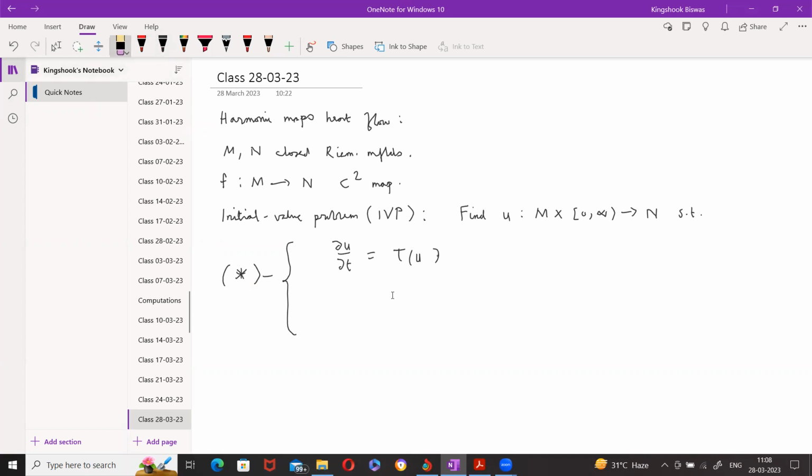This is for (x, t) in M cross 0 infinity. And at time 0, you want U of x, 0, the initial value, to be f of x.